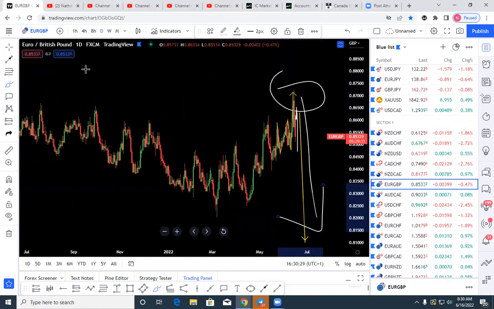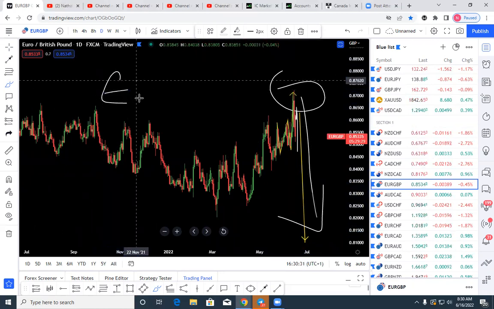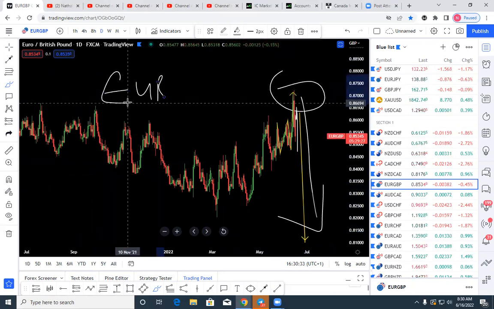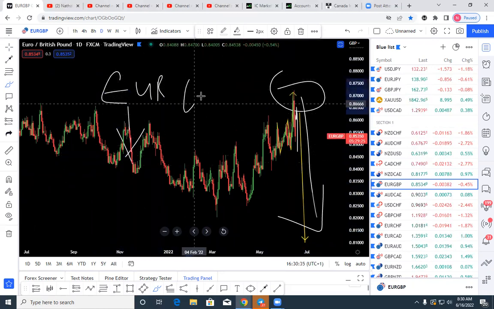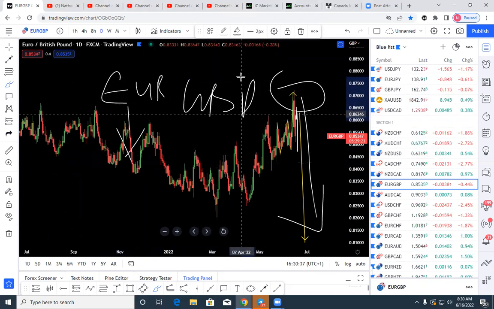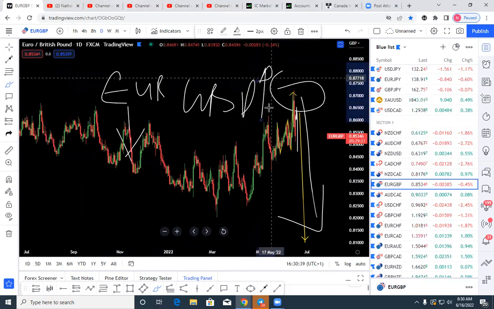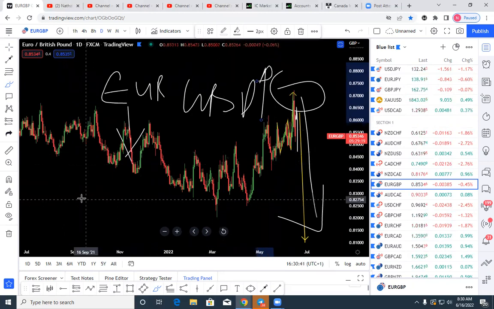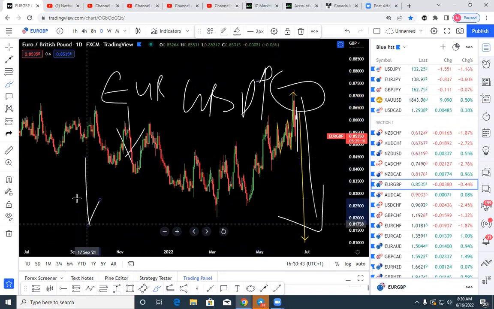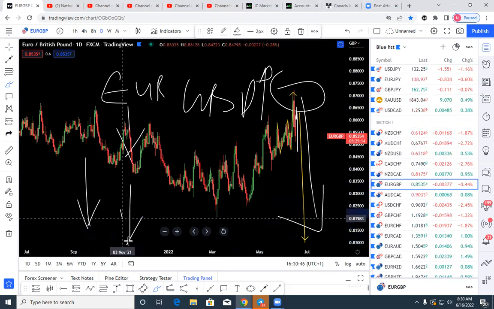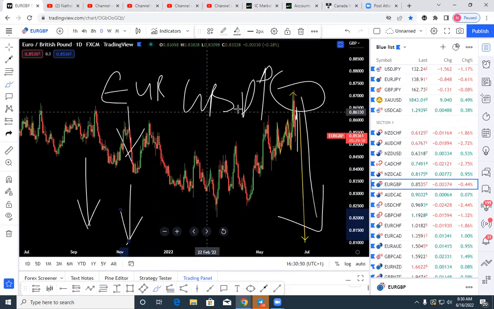If we want it to come down, it means we're expecting Euro to weaken, let it go down, and then GBP is expected to go up. So if that is the case and oil is going down, it means CAD is going down. So I need to buy either Euro CAD or GBP CAD.